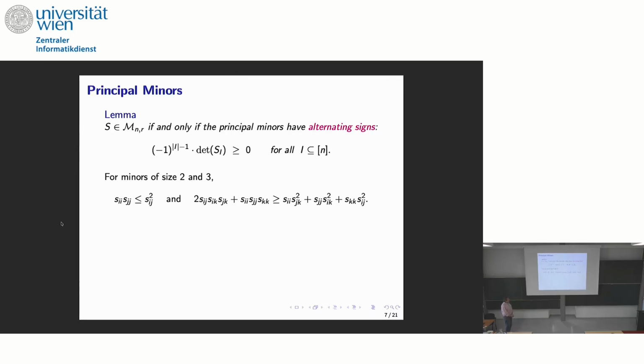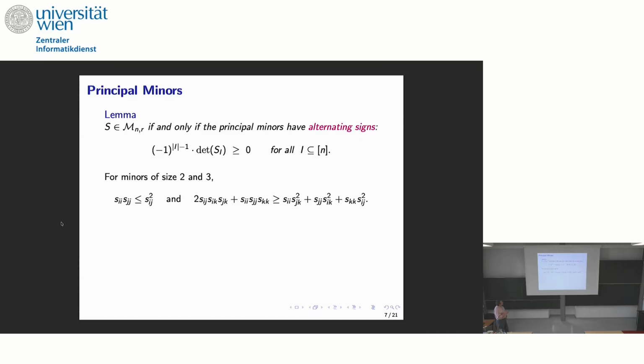Let me give you a different characterization of membership, a more semi-algebraic description where you don't have to compute eigenvalues. Computing eigenvalues is a painful thing; you have to go to a field extension, and write down square roots and even worse things. Here we can do this over the ground field. A matrix S is in the Mandelstam region if and only if it has rank R and the principal minors have alternating sign.